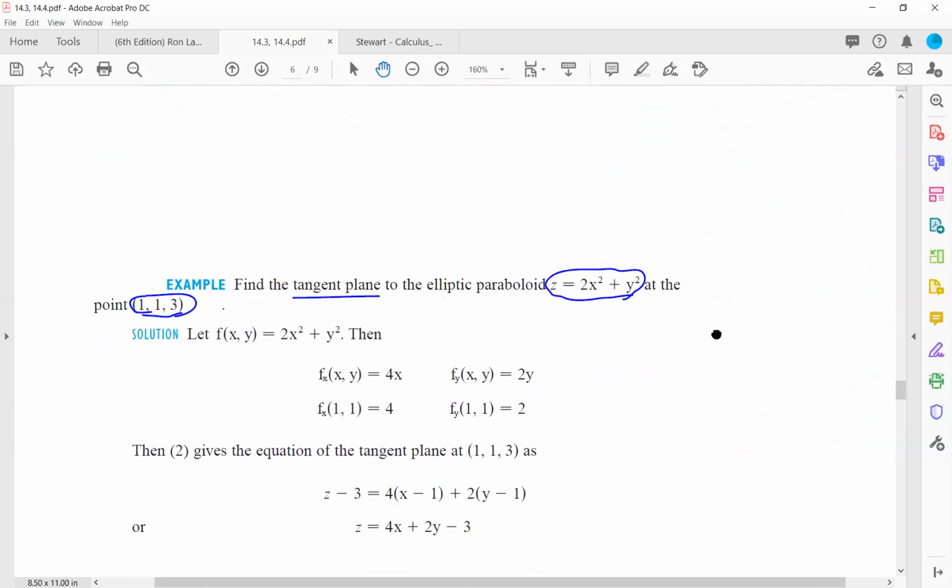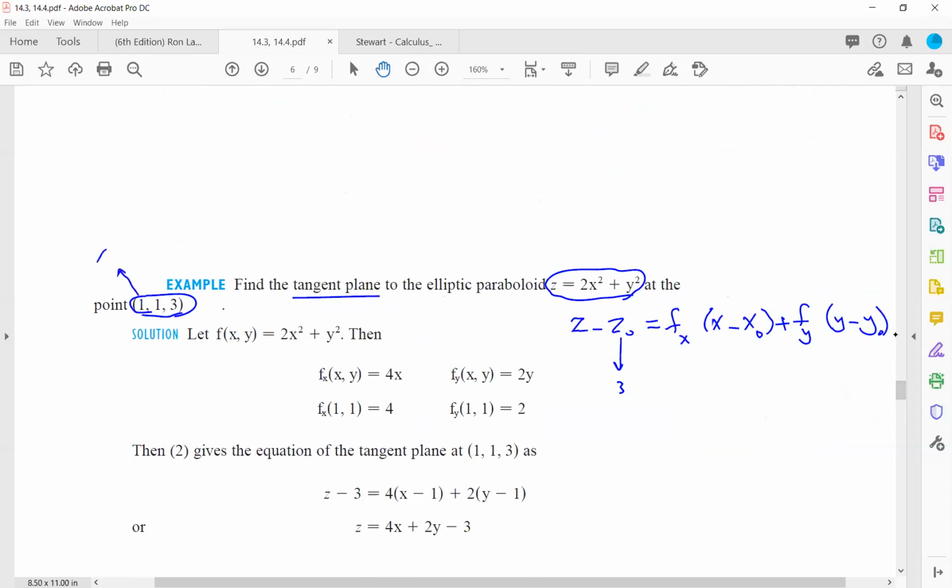So first of all, you need to find partial derivatives. Luckily for us, z sub 0 is given. It is 3, the last coordinate.